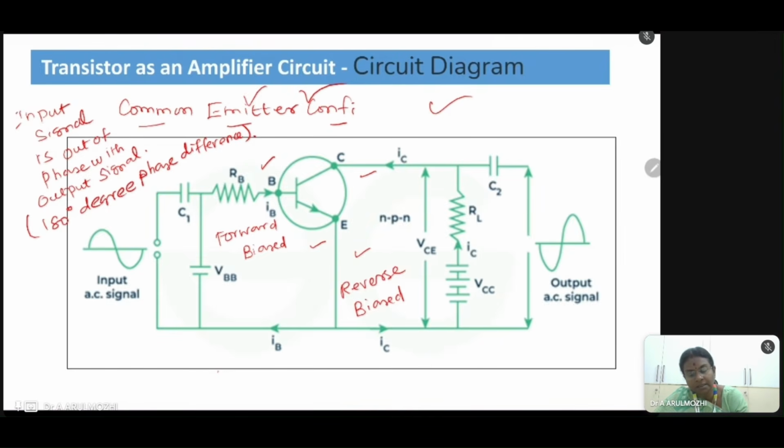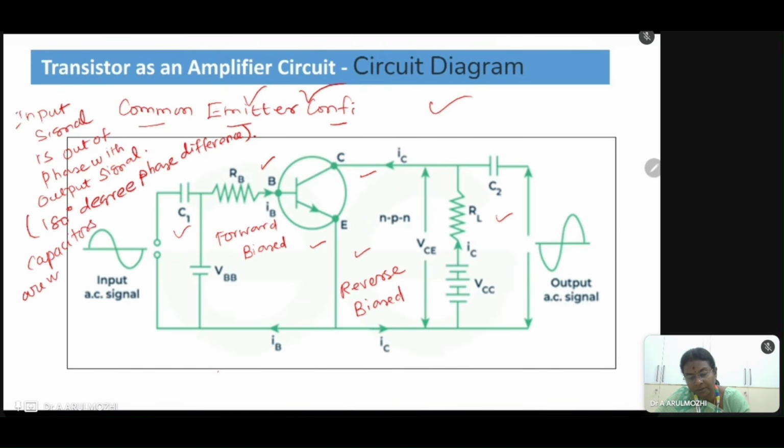And the next thing is capacitors. We have added capacitors in the circuit. So what is the need of the capacitors being here? The capacitors are used in the circuit to block the DC, that is direct current, and to give the input signal as AC, that is alternating current, only.